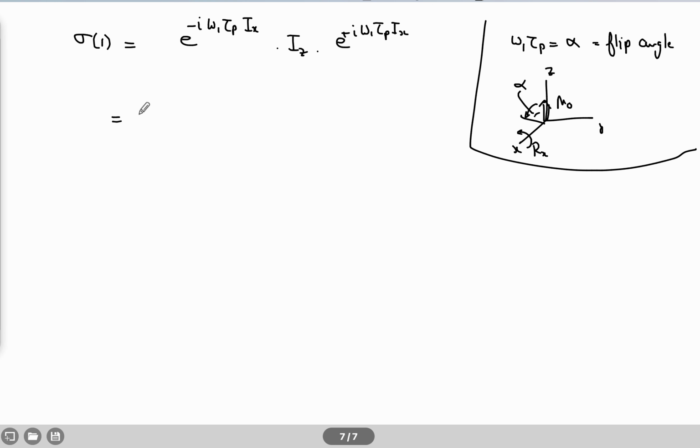So what we will have is sigma 0, that is Iz, minus i, and then omega 1 tau p will become alpha.